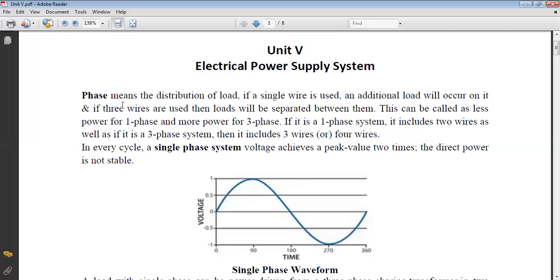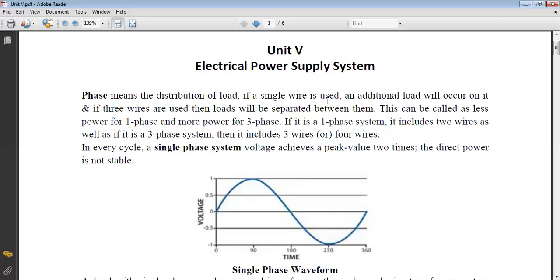It is very easy to understand the distribution of load if a single wire is used. If three wires are used, the load is separated among them. So we can say less power for single phase and more power for three phase.